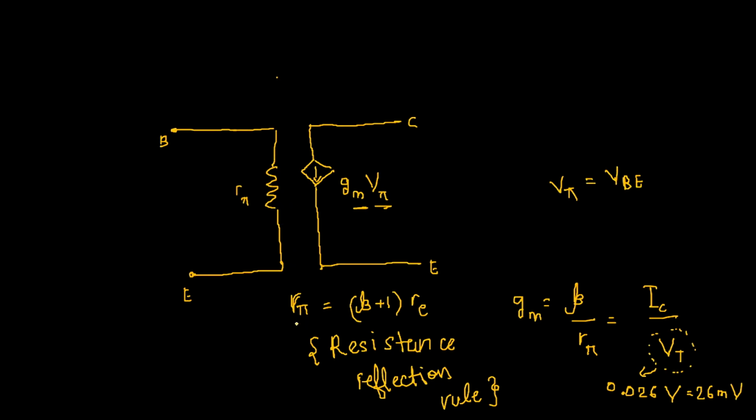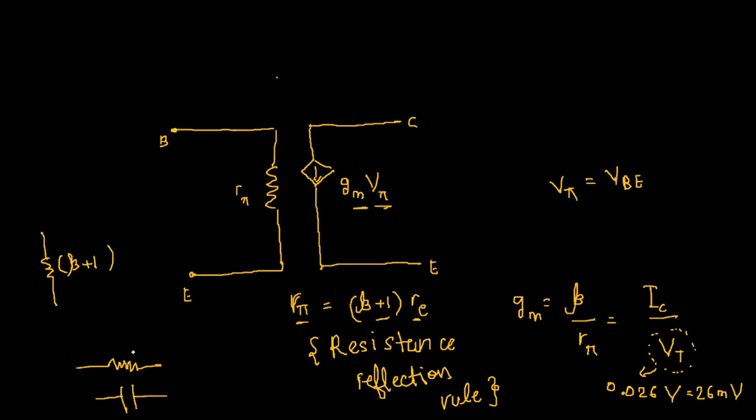And we can write R pi as beta plus 1 into RE because of this particular rule called the resistance reflection rule. What this resistance reflection rule says is that if you have anything in an emitter branch, let's say a resistor or capacitor, it doesn't matter, you can remove it from the emitter branch and put it in the base branch, changing the value to beta plus 1 into whatever the value was in the emitter branch.